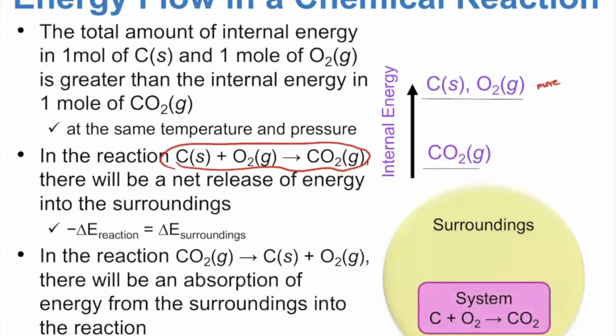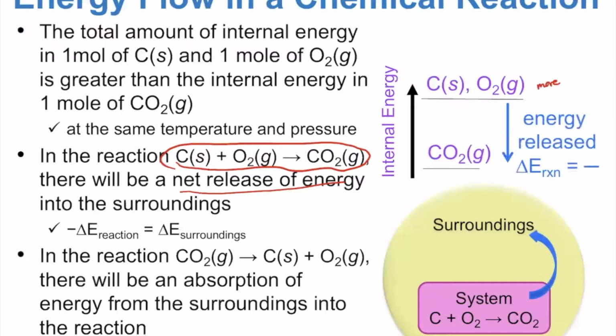In this case, there will be a net release of energy into the surroundings because your reactants have more energy than your products. So the overall process is going to have a negative sign.